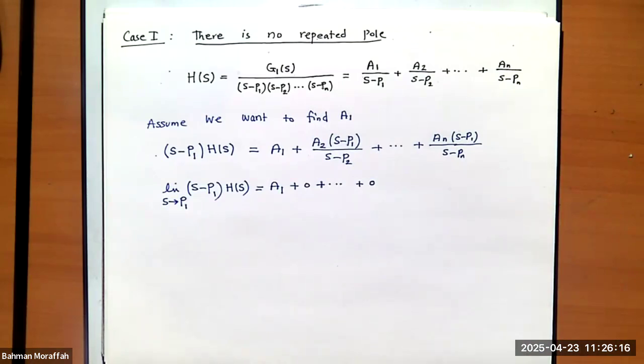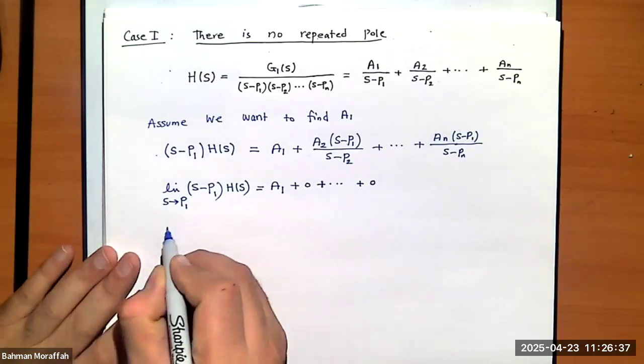There was nothing special about this A1. I could apply this for any Ai, for any of these coefficients. I can basically look at the corresponding pole, extract that pole from H of S, and find the limit.